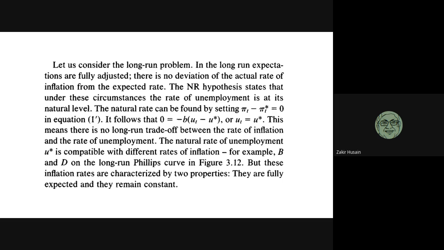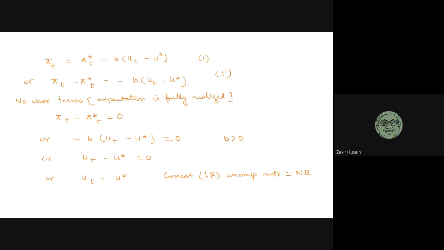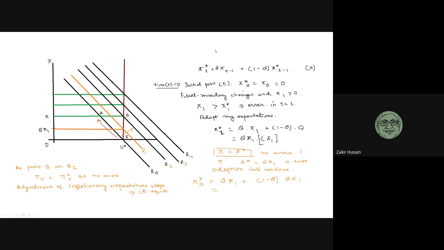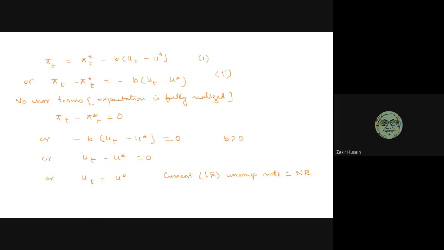Now, the U star is compatible with different rates of inflation: pi 1, pi 2, pi 3, and so on. Depending on the inflation, you can have a 5% inflation rate, and people also expect 5%. You can have 10% actual and 10% expected, 2% actual, 2% expected, and so on.